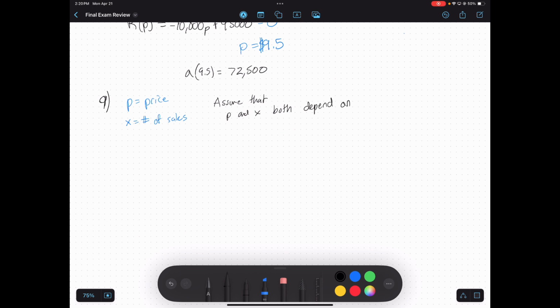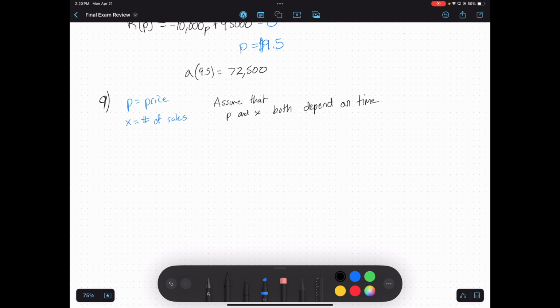We're gonna assume that both of these depend on time. This problem is from 2.8, where we talked about implicit differentiation, when you take a derivative of a function in terms of a different variable.